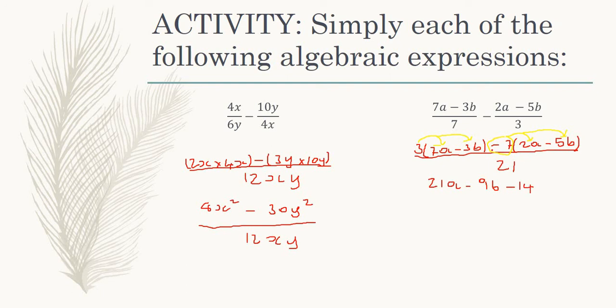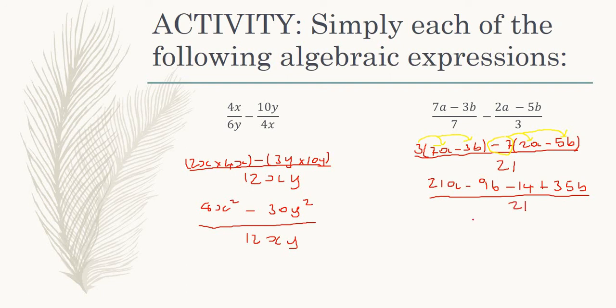Remember that when you multiply a negative number times a negative, it's going to be positive. So negative 7 times a negative 5b, that's going to give us a positive 35b. And all of that is over our common denominator of 21.